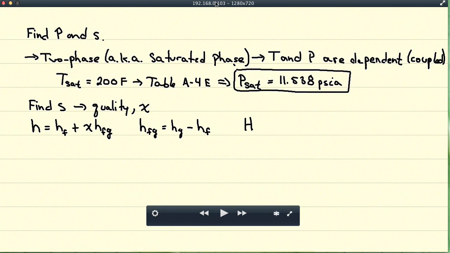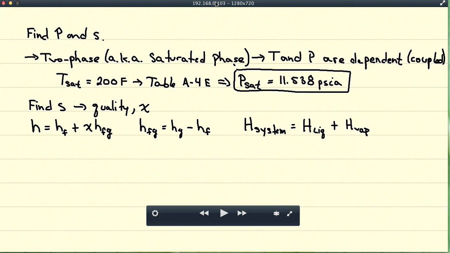So I have the enthalpy of my system, and because I'm two-phase, some components of my system are liquid and some components are vapor. So I'll have this be an arithmetic sum of the enthalpy of the portion that's liquid plus the enthalpy of the portion that's vapor.